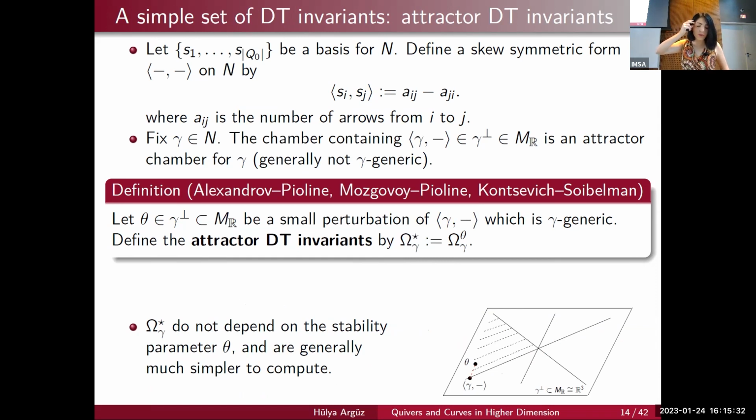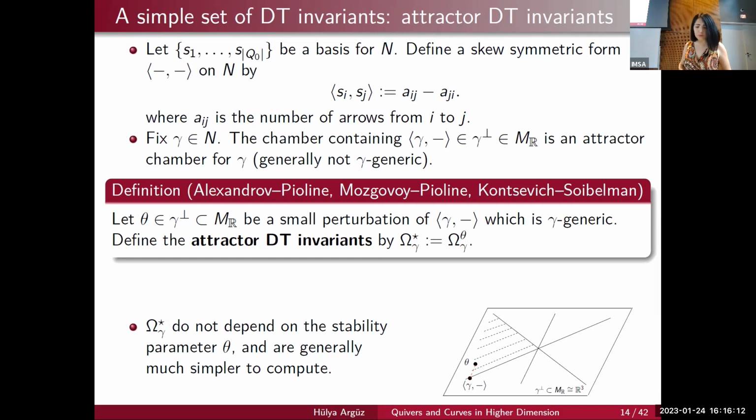There are particular chambers where, for stability parameters in these chambers, it is shown that you can explicitly calculate your quiver DT invariants. So if you choose your stability parameter by this particular attractor point, you can concretely calculate in some good cases. And generally this point can be not in the interior of a chamber, then you need to do some small perturbation to understand them, but this perturbation will not change the result.